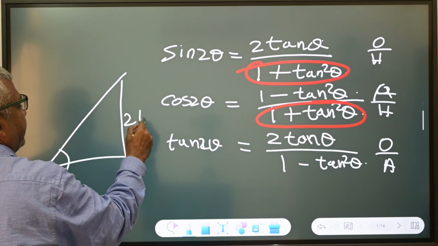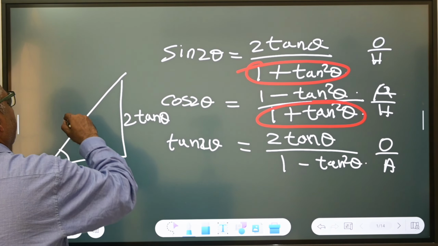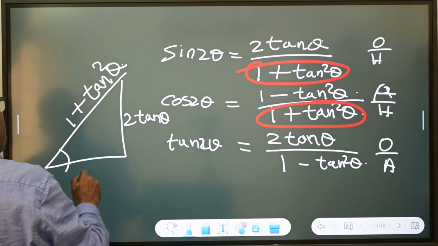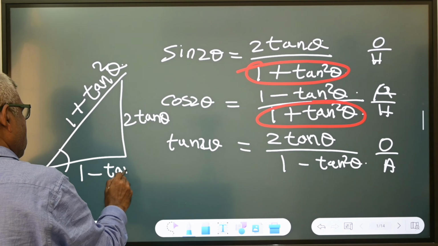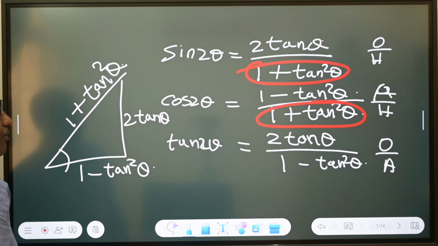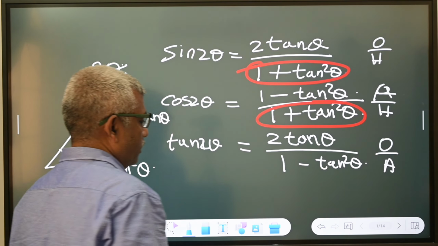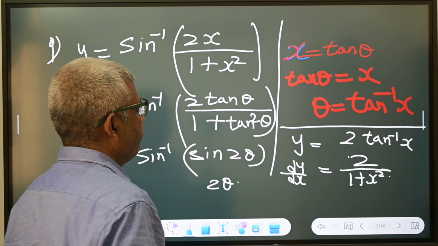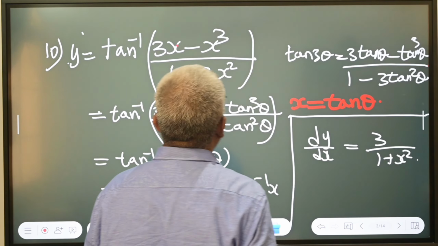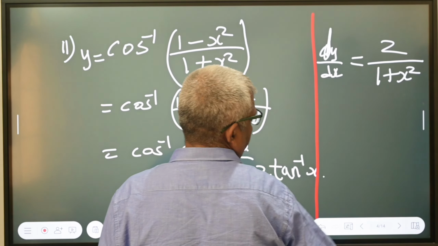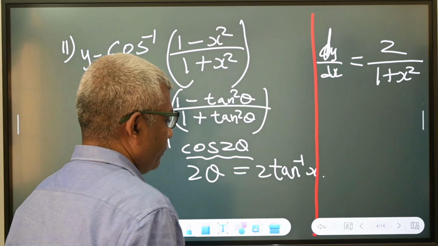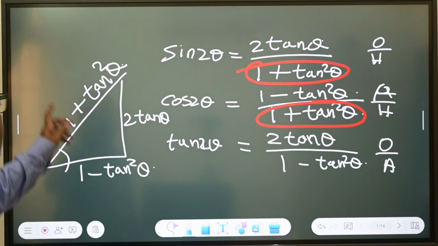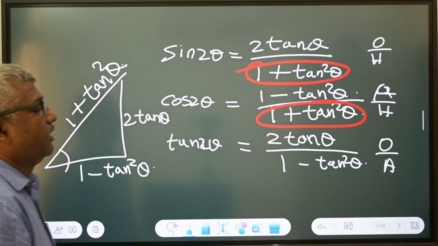Just memorize like this. These three memorize.